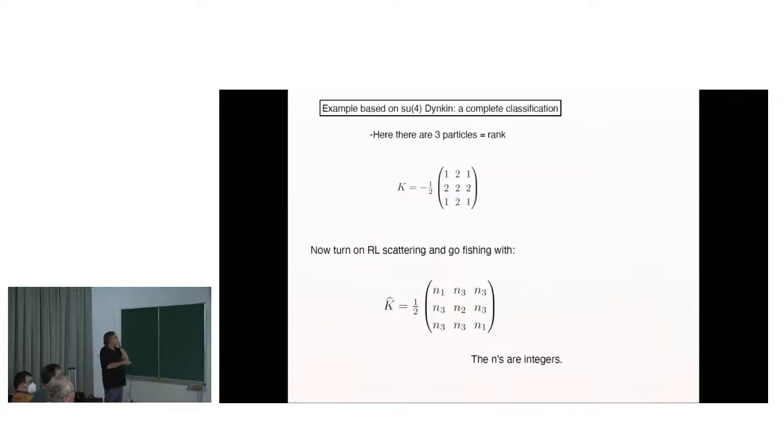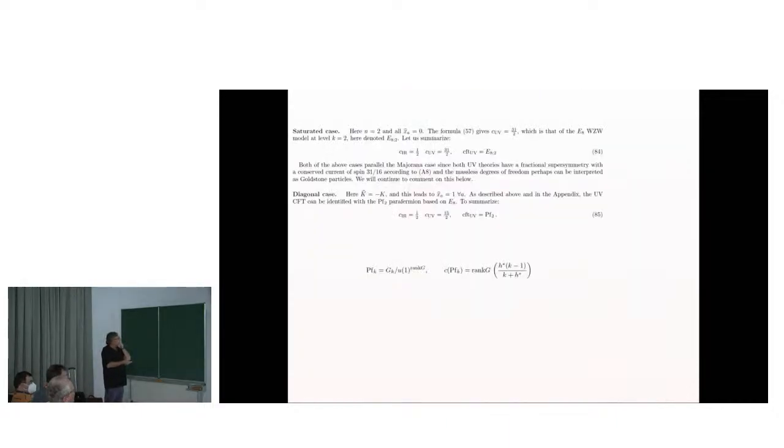It turns out to give a UV central charge of 31 over 2. And that we can identify also. It's not the coset, but it's the E8 current algebra, the Wess-Zumino-Witten model for E8 at level 2. It turns out that has that central charge.